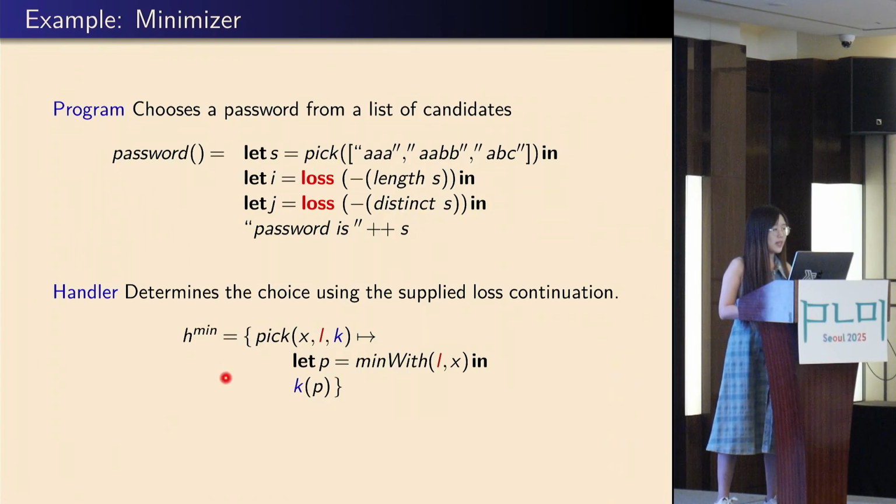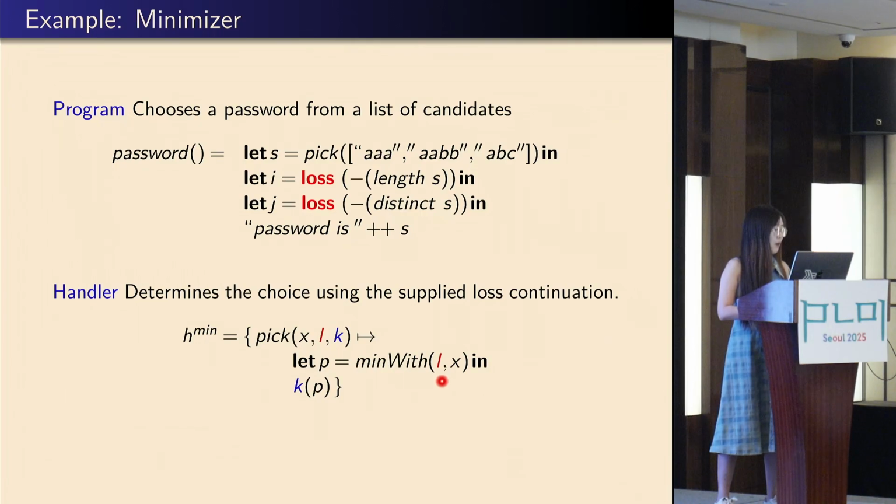Now you can write a handler that actually does this password choosing, and this handler determines the choice using this loss continuation. In this case, it's a minimizer handler, so it says, because I have a loss continuation available, I'm going to call some function argmin that selects from the list of candidates the element that minimizes the loss.